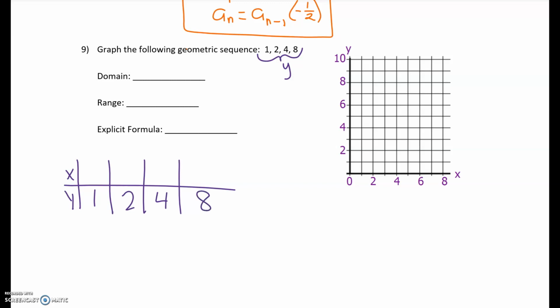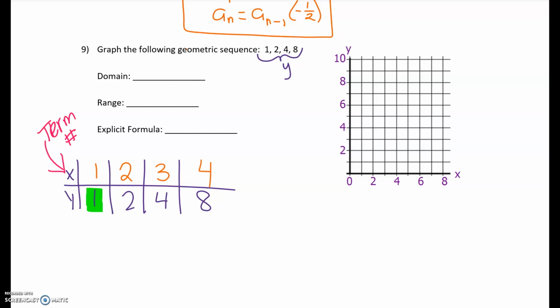This piece here, the x's, is going to represent our term number. So this 1 is the first term of our sequence. The 2 is the second term of the sequence. The 4 is the third term of the sequence, and the 8 is the fourth term of the sequence.